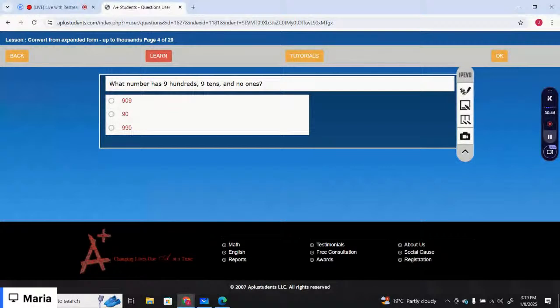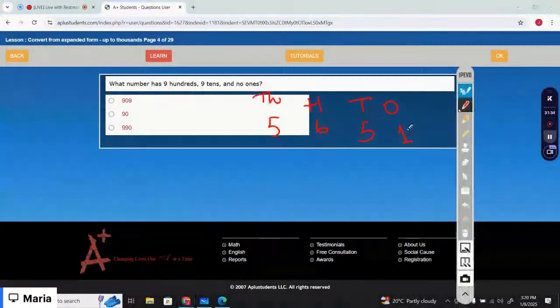What number has 9 hundreds, 9 tens, and no ones? 9 is at the hundreds position, 9 hundreds, 9 tens, and no ones.